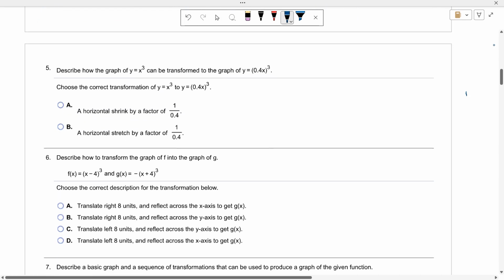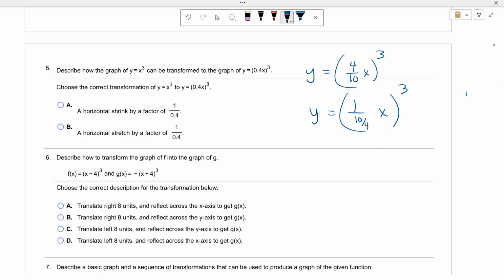So if this is 0.4, 0.4 is the same as 4/10. Well, when we're dealing with this, we want a 1 on the top, so then that would be 10/4. I don't like how they do that.